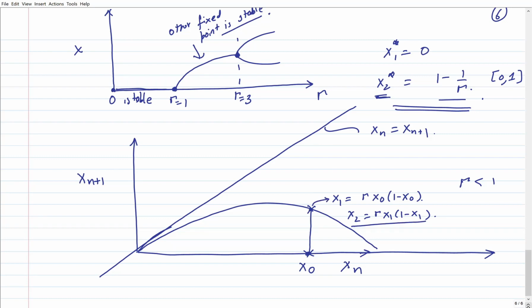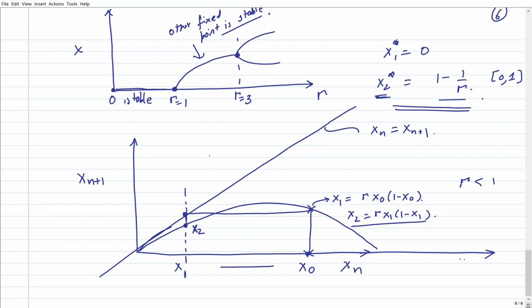For that, I need to locate where on the x-axis x1 is. So I just take it over here, and this was the location of x1. I go down here, this is going to be my x2, and for further iterates, I'm going to feed this x2 back in the map.